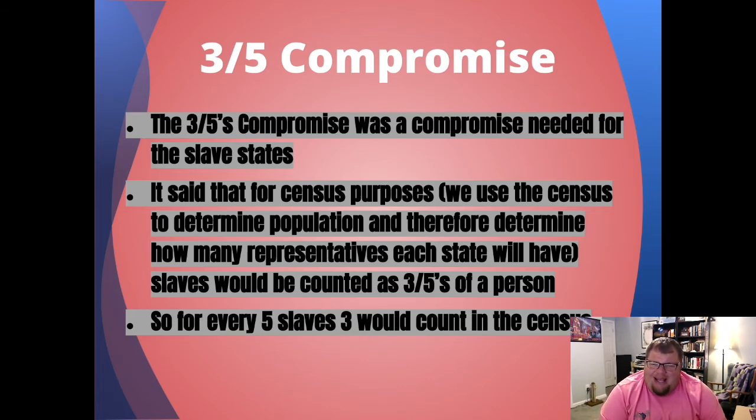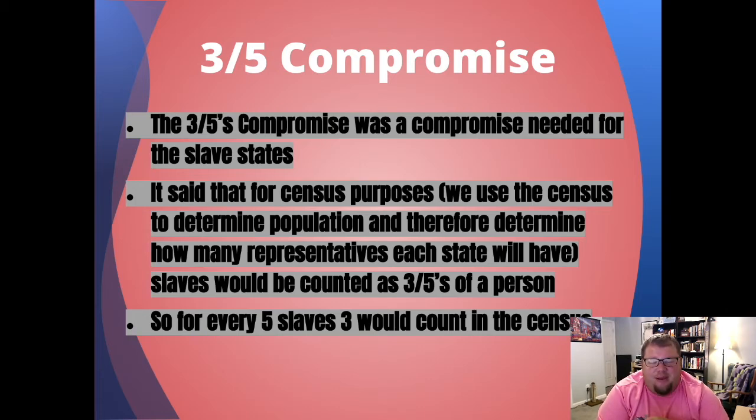Okay, and so it said that for census purposes, slaves would be counted 3/5 of a person. Okay, so for every 5 slaves that are counted, 3 would count towards the official census. And so it's overinflating the numbers of the southern states, thus giving them more power so they can make sure that slavery is not going to be ended.